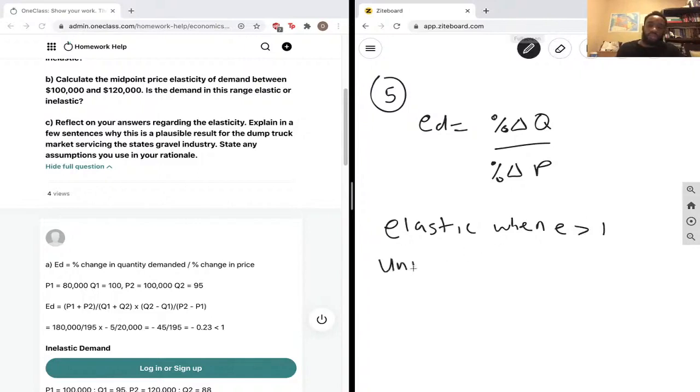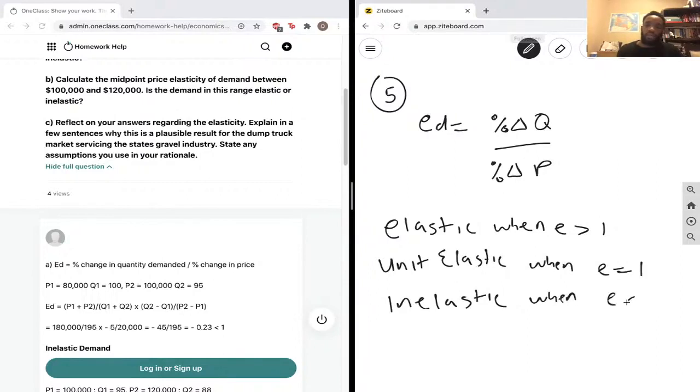It is unit elastic when E equals 1, and it is inelastic when E is less than 1. Now we know as price increases, demand is going to decrease, so that's why there's a negative sign. But this number, because it's less than 1, qualifies as inelastic demand.